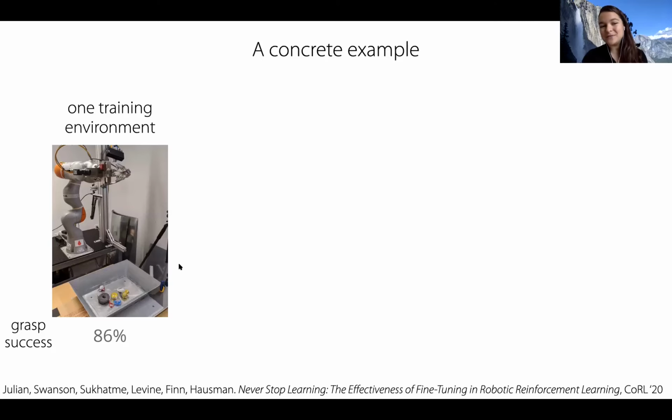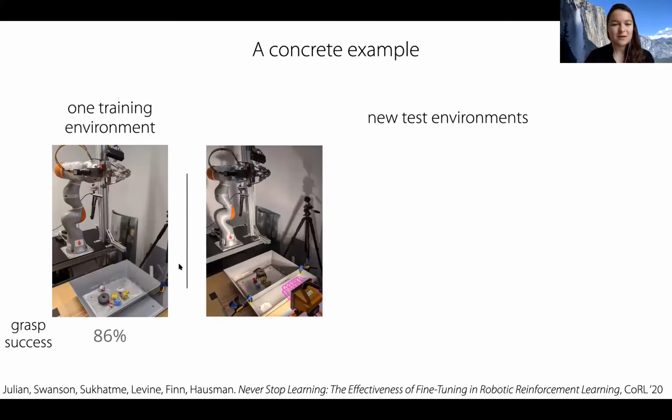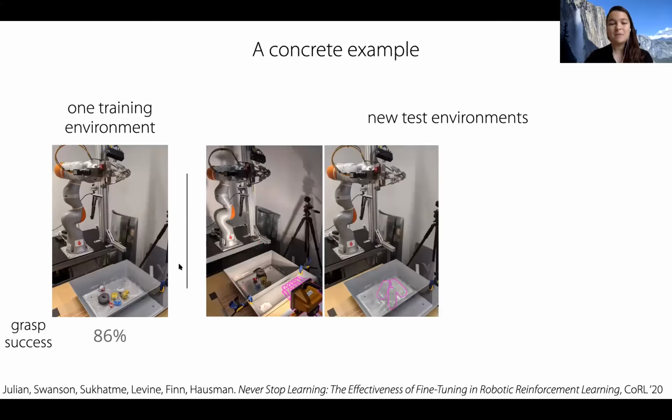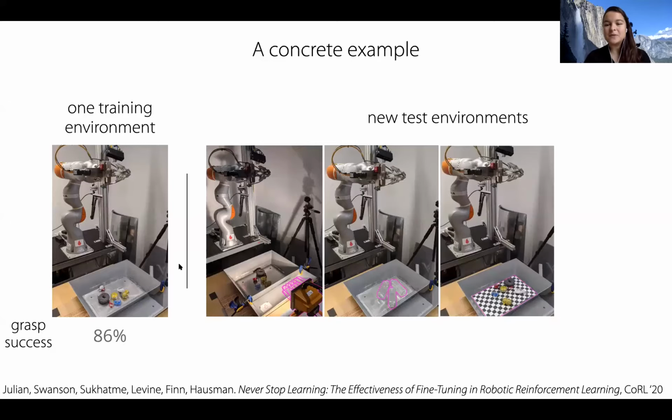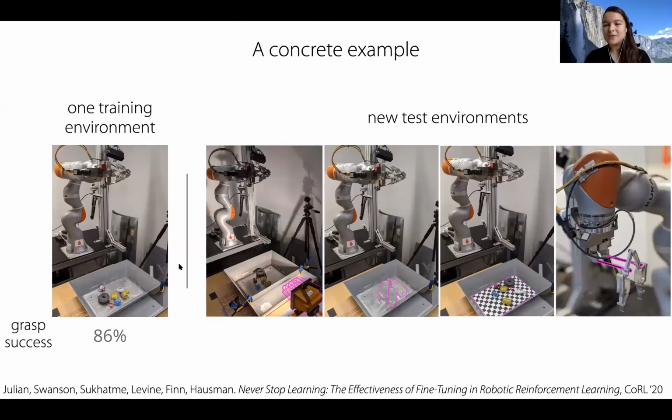Now, if something changes about the environment, for example, there are harsh lighting conditions, maybe the robot encounters new objects like these transparent bottles, or maybe a checkerboard background, or maybe even something changed about its morphology, like the gripper was offset by 10 centimeters.